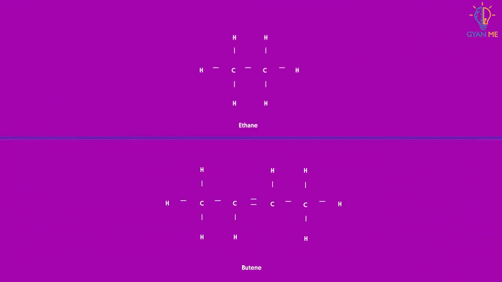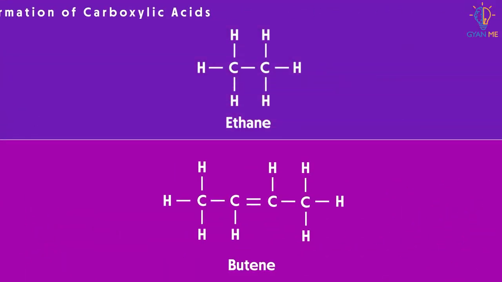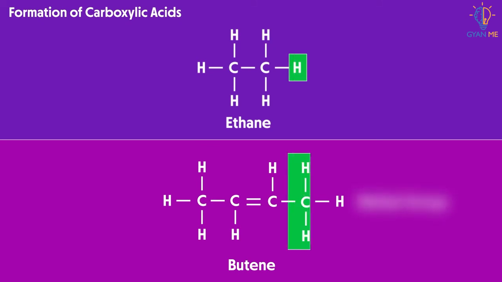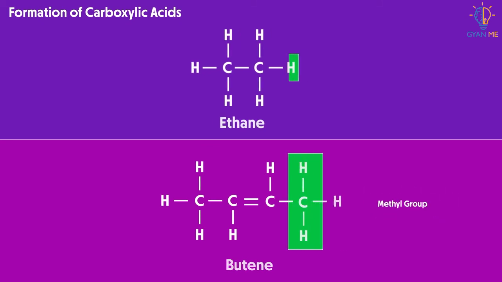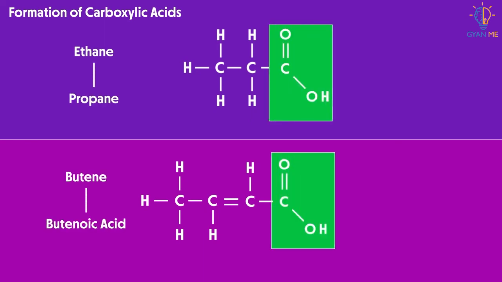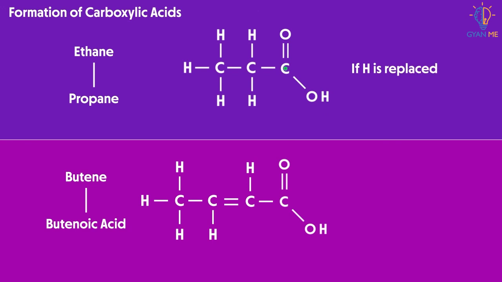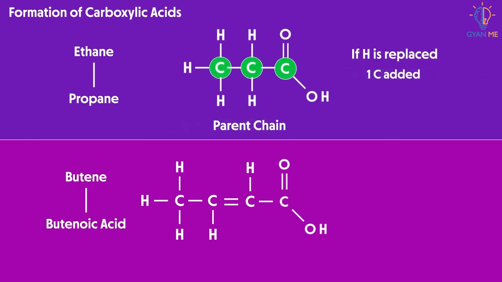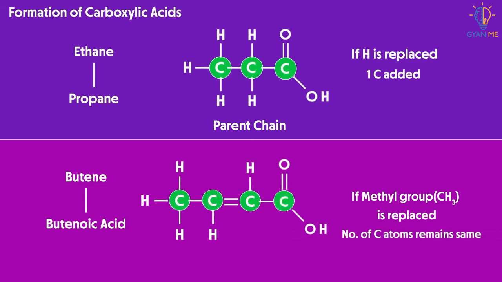So remember, while formation of carboxylic acids, either one hydrogen or one methyl group can be replaced by the functional group, that is COOH. If H is replaced, then one carbon will be added to the parent chain, which is present in the functional group. But if methyl group, that is CH3, is replaced, then number of carbon atoms will remain same.